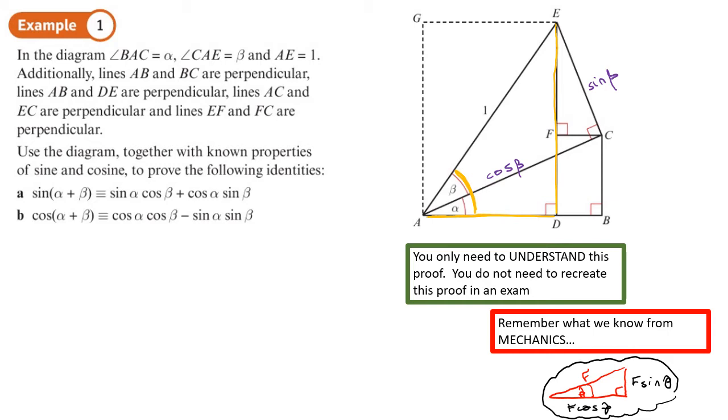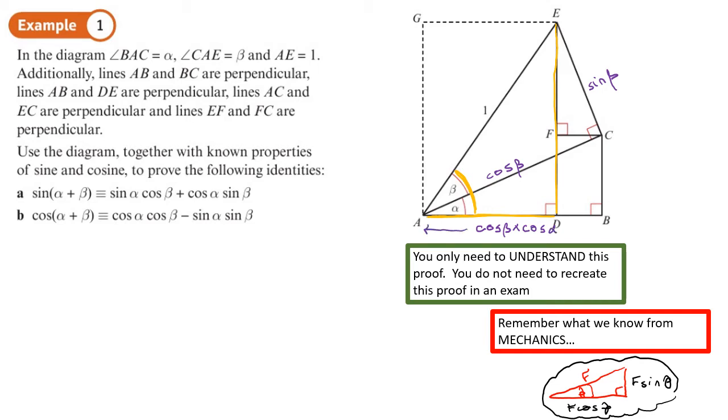Right, so if I look at triangle ACB now, ACB, I've got the length of the hypotenuse, and I know the angle in ACB, so hypotenuse times cos alpha is the length of A to B. So I'm looking at this triangle here, ACB. So let's write that down. So AB is equal to the hypotenuse, which is cos beta, times the cosine of that angle.